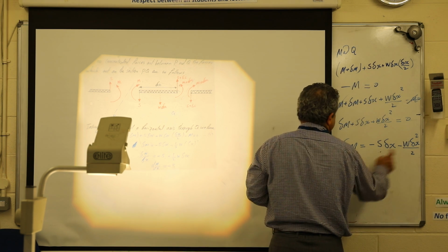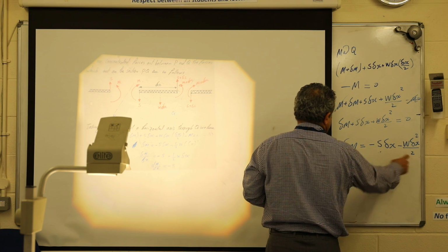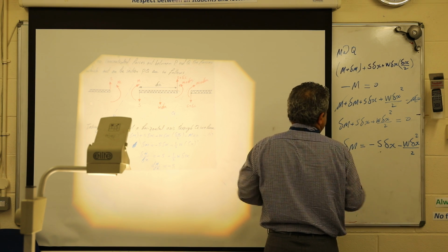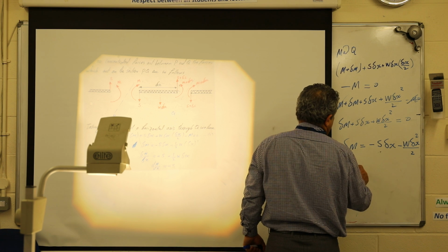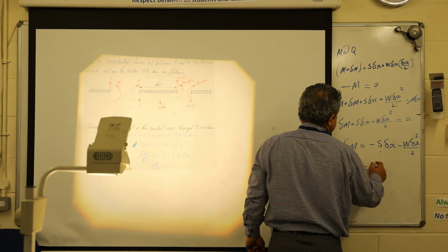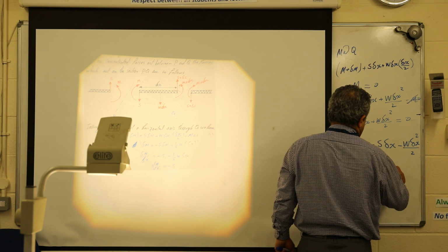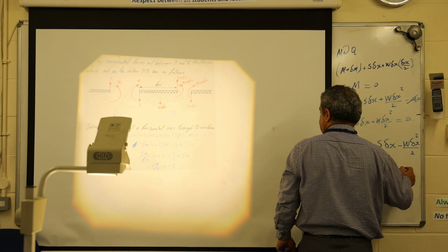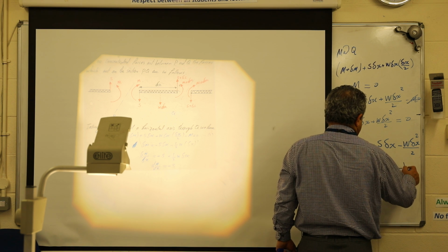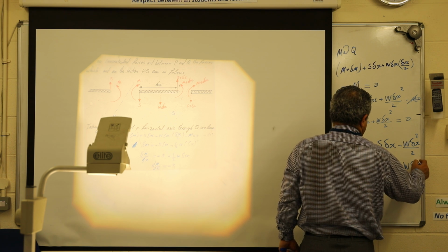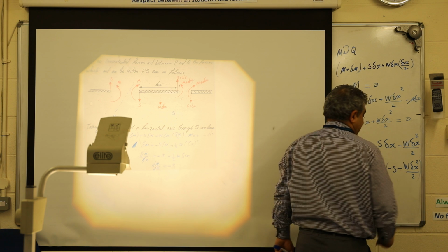And from here I can do the factorization. I can factorize delta x out: minus S minus w delta x squared divided by 2. Yes or no?